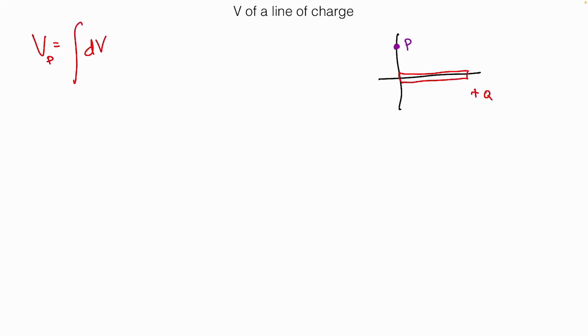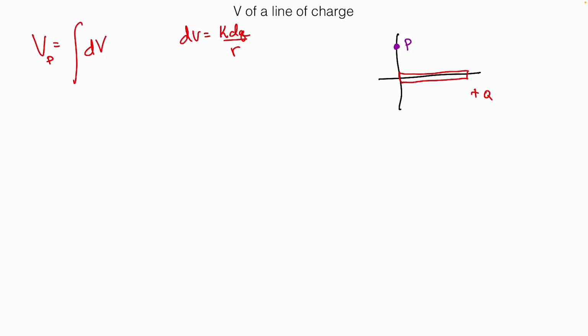In order to figure out my little piece of potential, this rod consists of a bunch of point charges all in a line. So that means I know what my little piece of potential is going to be. It's going to be k, and it's not a piece of k, it's not a piece of r, it's a piece of charge.